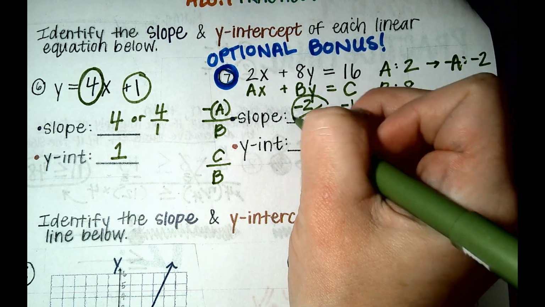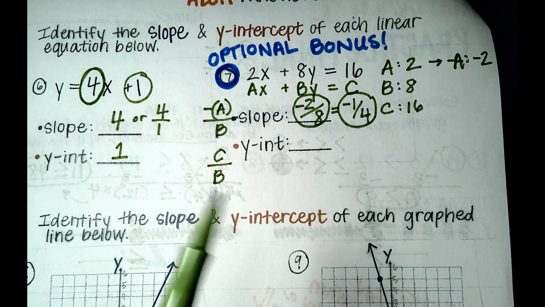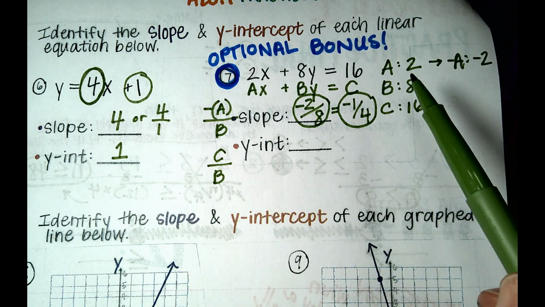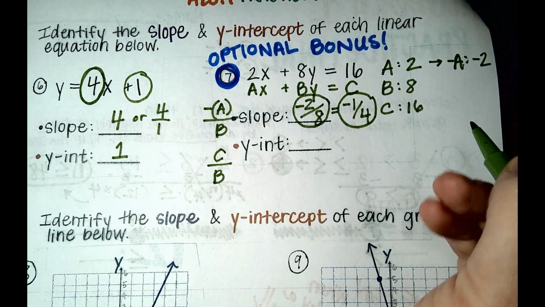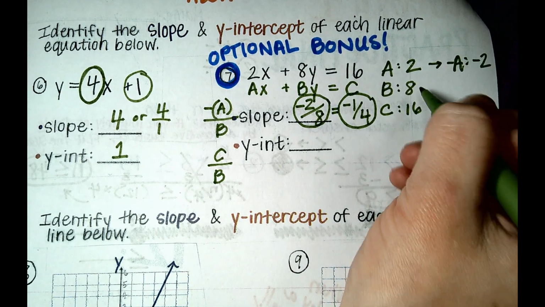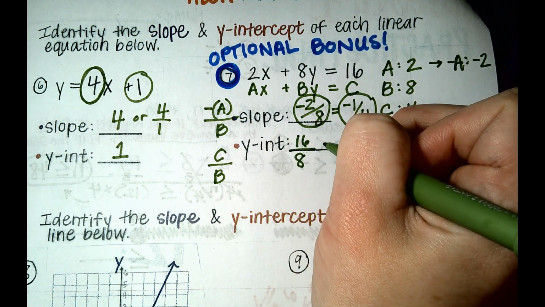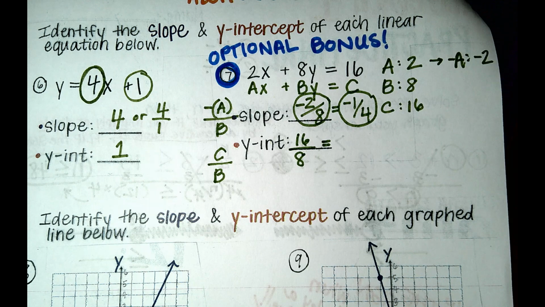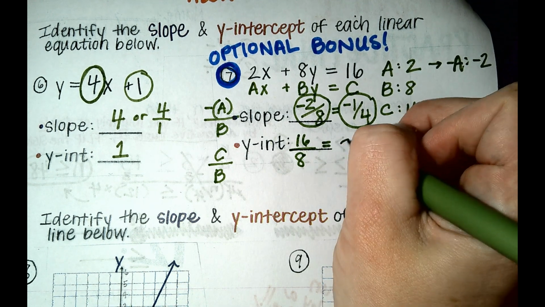Both are correct. If my y-intercept is c over b, what's my y-intercept? It'll be 16 over 8. What does that simplify to? 16 divided by 8. 2.